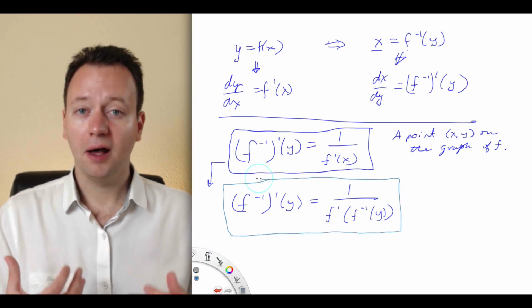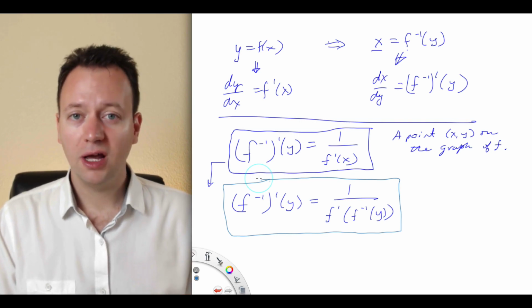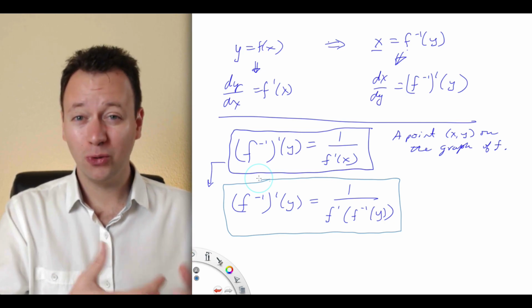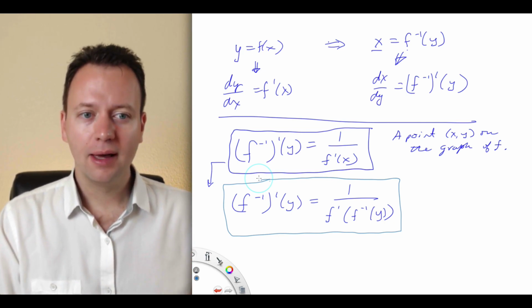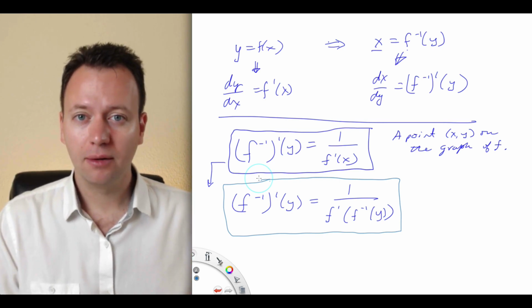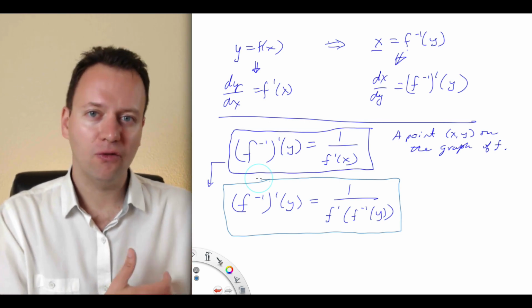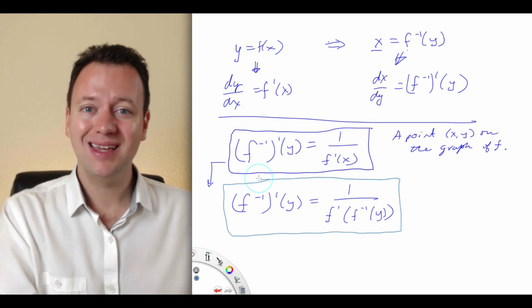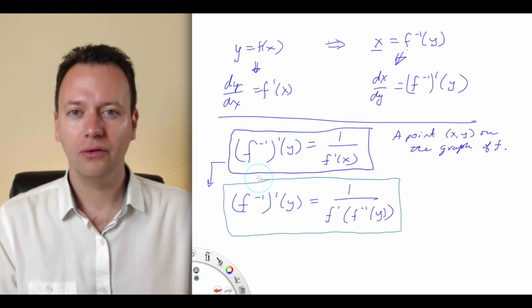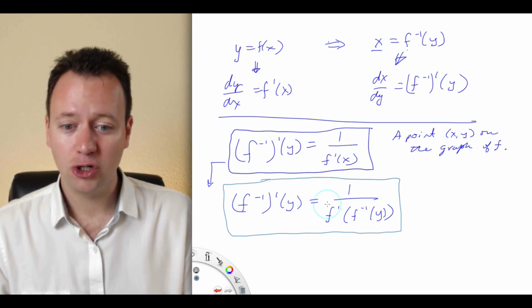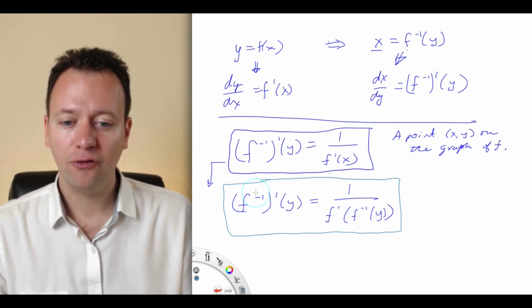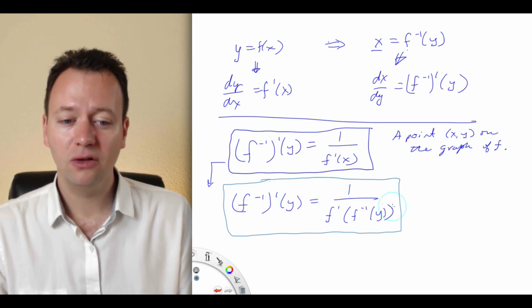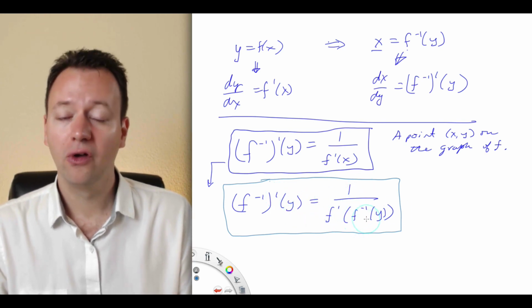Then, just as a cosmetic enhancement, we can change y to x, because whenever we have a function, the name of the independent variable is really sort of artificial. It's the function f, right? Whether we say f of x, f of w, f of y, f of z, it doesn't matter what we name the independent variable. The name is not a part of the function itself. So here we just have a functional relationship. It looks complicated: f inverse prime of the input variable is equal to 1 divided by f prime of f inverse of the input variable.